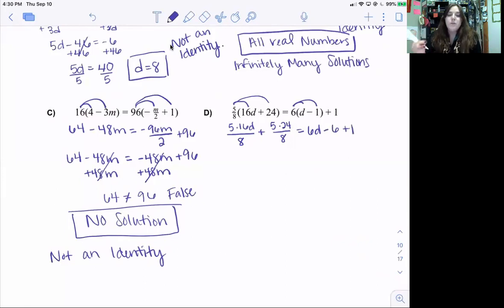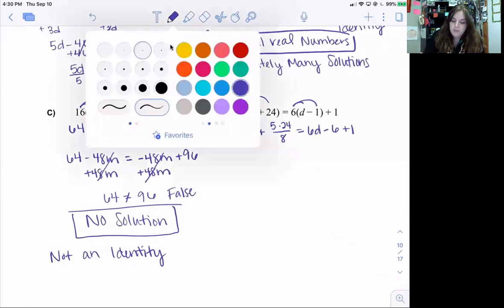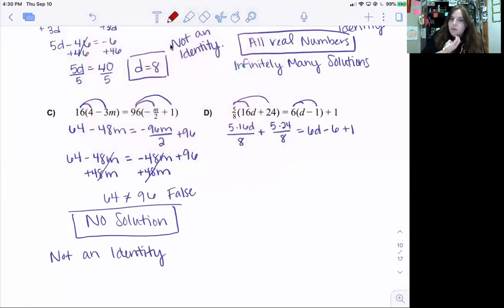So if you don't know what 5 times 16 is off the top of your head, we can go ahead and simplify this fraction. So instead of multiplying 5 times 16, I'm going to do 16 divided by 8, because I know that that's 2. And so now I can rewrite this as 5 times 2d, which is a lot easier to do in my head because I know that that's 10d. So if I look at the next one, we have 5 times 24.